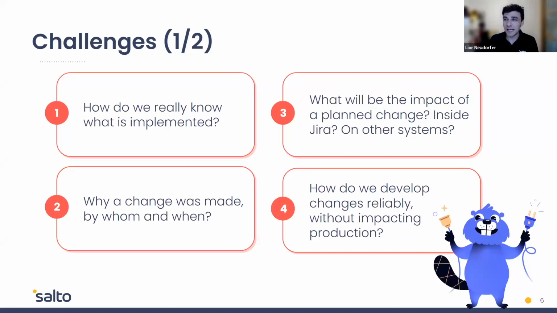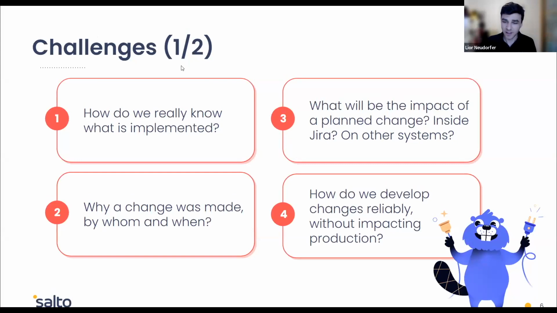So first of all, the most basic question when you get to a Jira instance or to any other business application, how do you actually know what's implemented? Which automations are there? Which of them are actually working? What are the custom fields? What's used? What's not? What's the implementation? Yes, you can dig in hundreds of UI views and you can click your way through Jira, but this is hard.